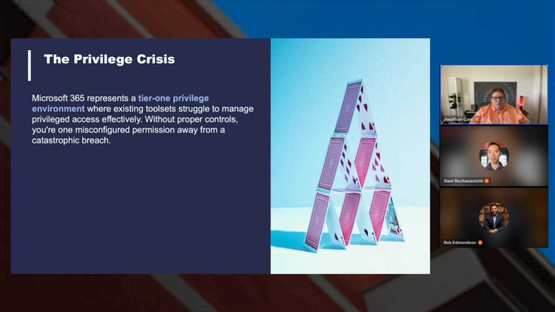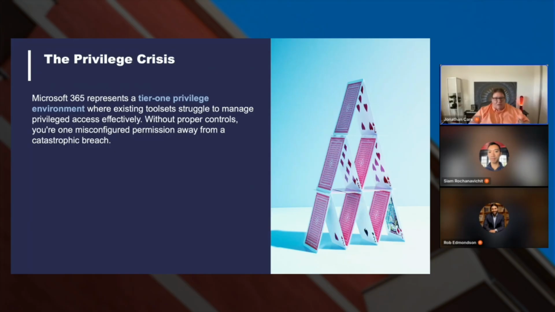Existing tools will struggle to manage access effectively, which means without proper controls, a single misconfigured permission can lead to a catastrophic breach. What we're highlighting here is the privilege escalation risk in the Microsoft 365 ecosystem. Unauthorized access can spread rapidly, like wildfire.